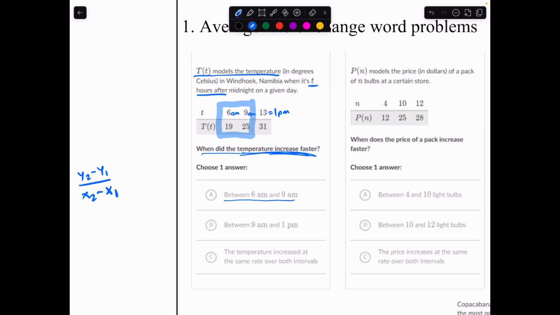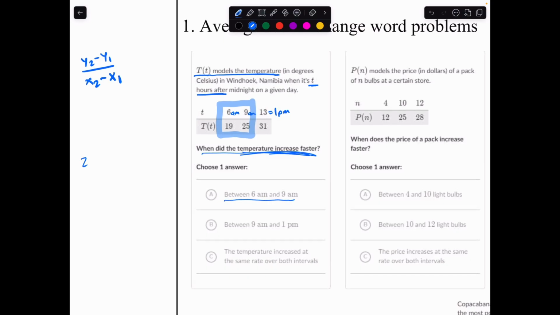Using those points, we would have, if we subtract our outputs, our y's, I know really we're using capital T for temperature, we'd have 25 minus 19 over, lowercase t would be our inputs, 9 minus 6. We would end up with 6 over 3, which is 2.